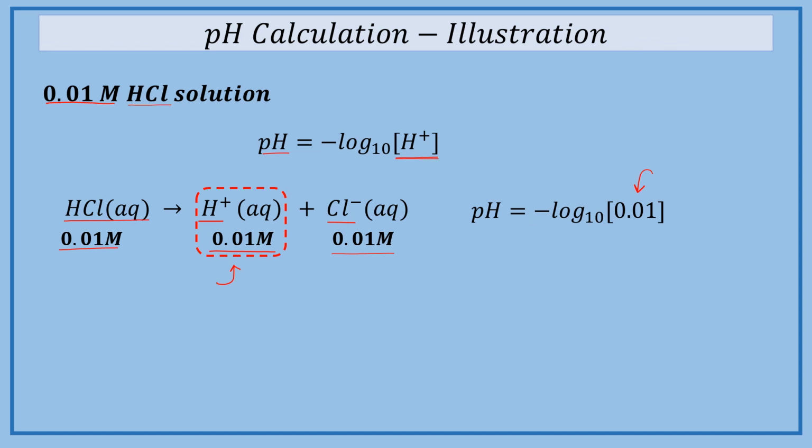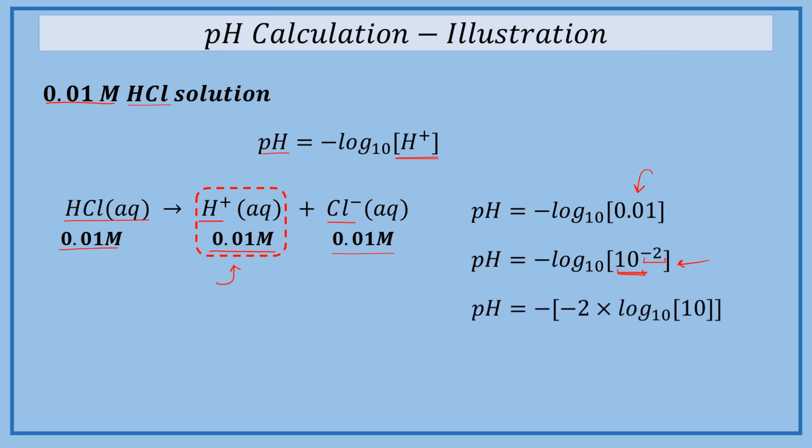We can write 0.01 as 10 raised to the power minus 2, and we also know from our previous discussion that an expression in the form of a given number to the power of some number can be simplified by simply multiplying the entire expression within logarithm by that particular exponent.